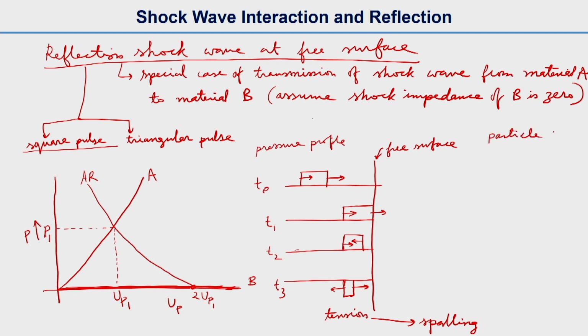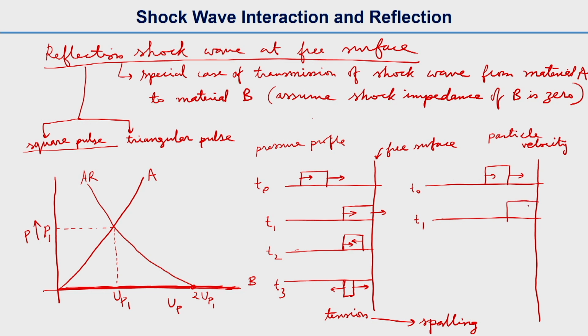If we draw the particle velocity profile here, what we can show is, if you have the free surface, at time t naught the particle velocity profile will look like this, and then at time t equal to t1, when it hits the free surface, let's say this is the UP profile, and then the particle velocity at t equal to t2.